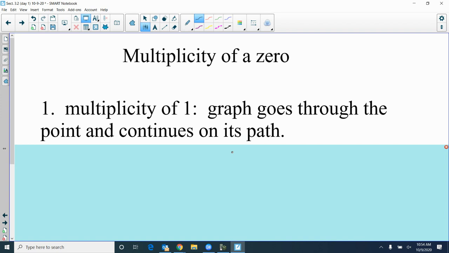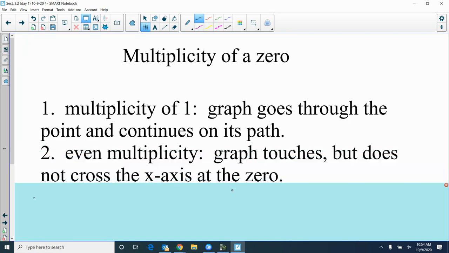There's no change in its direction. And you saw that in several of those cases. All right, if it's an even multiplicity, 2, 4, 6, 8, what happens? Bounces. Okay, that's where it bounces.